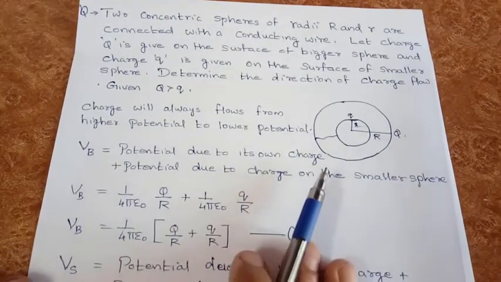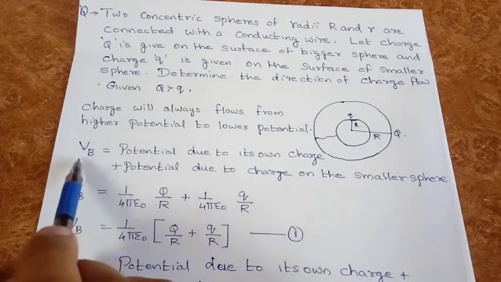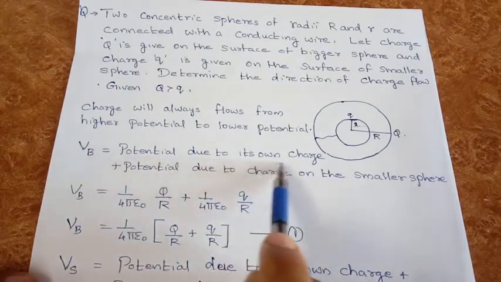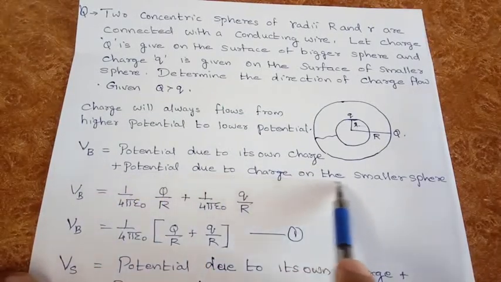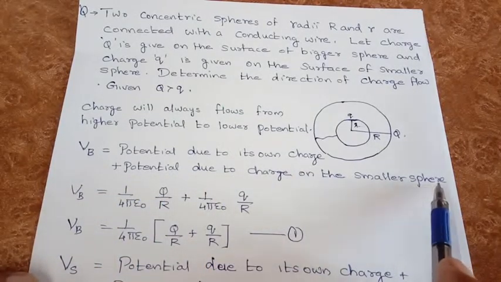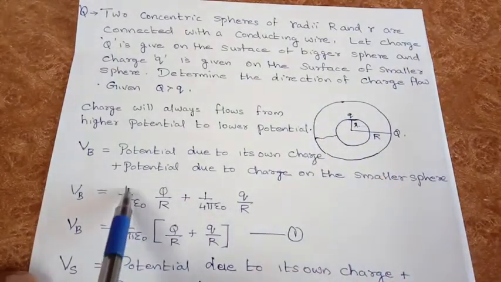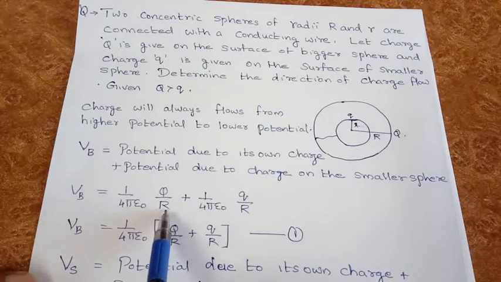Now question is, what is the potential of the bigger sphere? Potential of the bigger sphere VB is equal to potential due to its own charge plus potential due to charge on the smaller sphere. Now what is the potential due to its own charge? 1 by 4 pi epsilon 0 capital Q divided by capital R, that will be the potential due to its own charge.